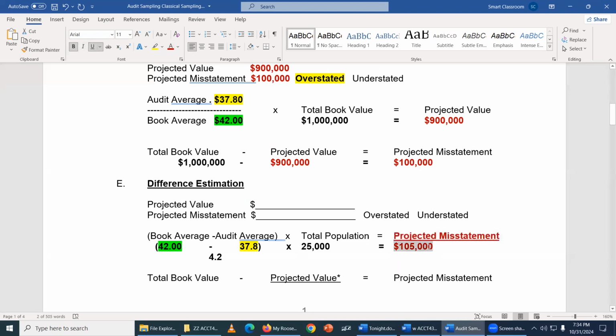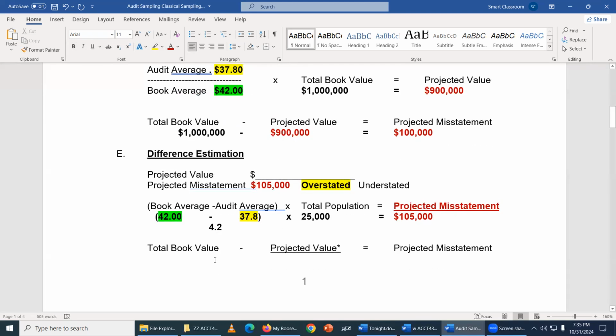Okay, so now it is positive, so this is going to be an overstatement. Yes. So we have to solve for the projected value.